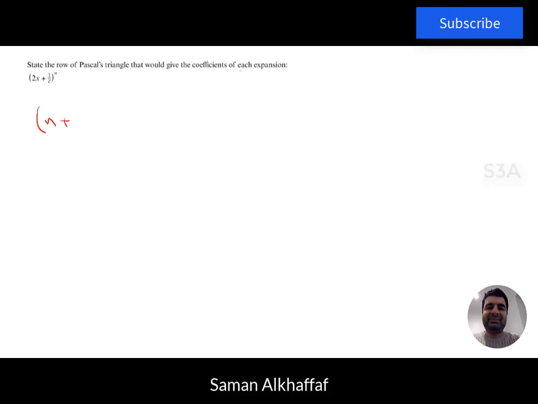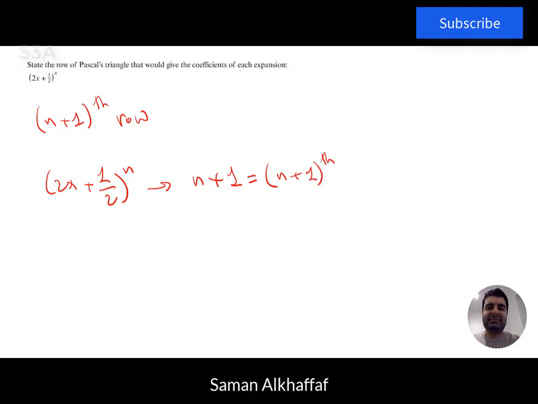We know that the (n + 1)th row gives the coefficients, so for the expression (2x + 1/2) to the power n, that would be the (n + 1)th row, and this will be our answer for this expression.